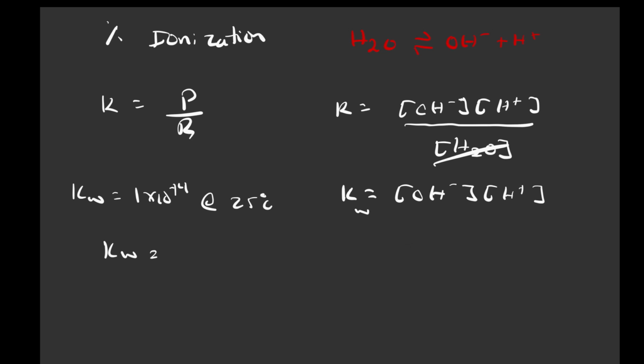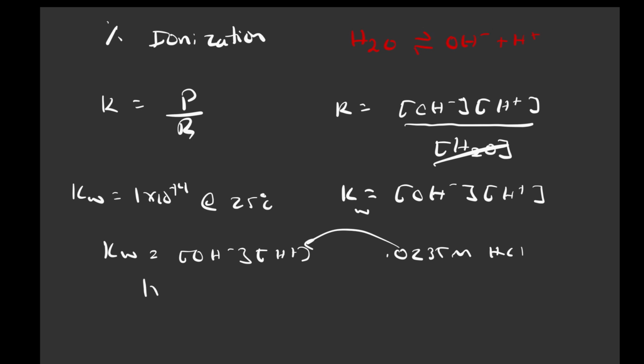Kw is equal to OH minus times H plus, and that's how you figure out the concentration of OH minus. Remember the last one? It was a 0.0235 molar solution of HCl. We can plug that in here and divide Kw by the concentration of H plus.